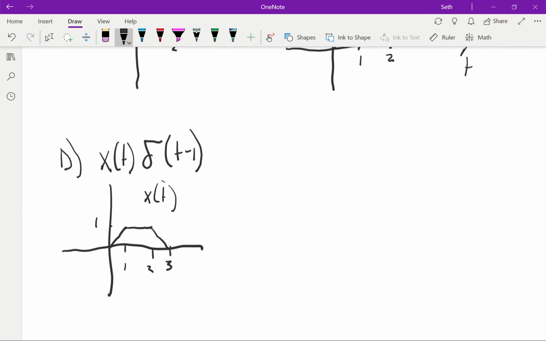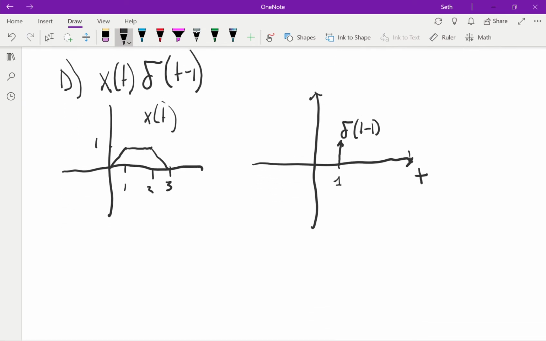So we mainly just need to decide what delta of t minus 1 looks like. That's just the unit impulse shifted to the right by 1, and it's right here. It has a weight of 1 in this case.